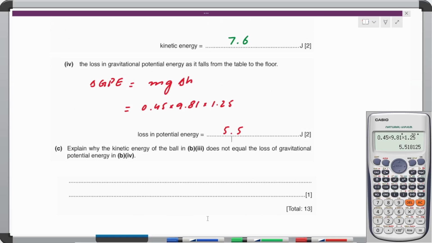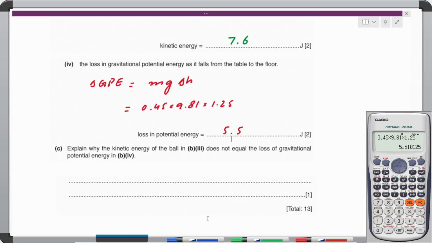First of all, if the energy is being lost to the surrounding in the form of air resistance or friction, then the gain in kinetic energy should be less than the loss in potential energy. But here, the gain in kinetic energy is even more than the loss in potential energy. So that is one reason that statement would be incorrect.